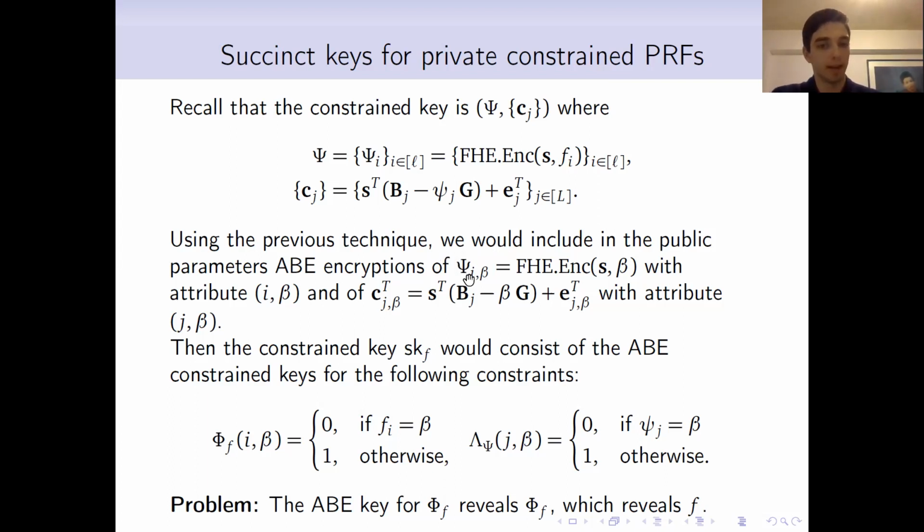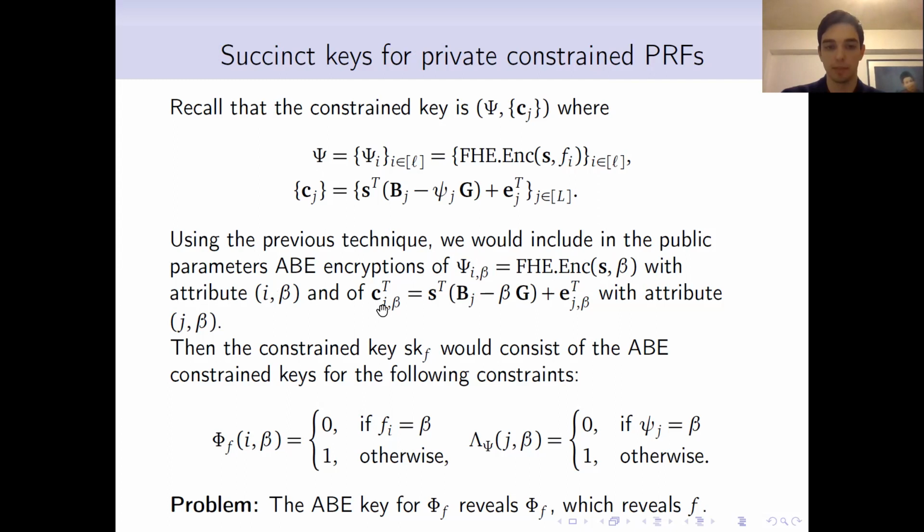And so we use the previous technique, and we include in the public parameters ABE encryptions of psi of I and beta, where we encrypt the bit beta with fully homomorphic encryption, and then we encrypt that with ABE with the attribute I and beta. And the same for the C's.